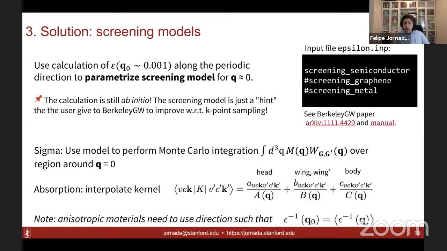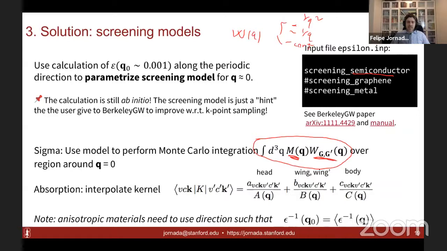In short, depending on which system you have and which hint you give the code using those different flags, the code assumes that W of Q will either diverge as 1 over Q squared, or diverge as 1 over Q, or be a constant, and then employs different techniques to integrate out the Coulomb interaction times the matrix element over the Brillouin zone.